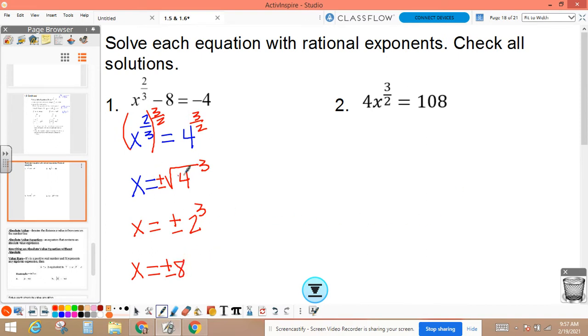All right, so then we're going to check our answers. So think 8 to the 2/3 means the cube root of 8 squared, or in your calculator, you do 8, then the little exponent button, and then 3/2.